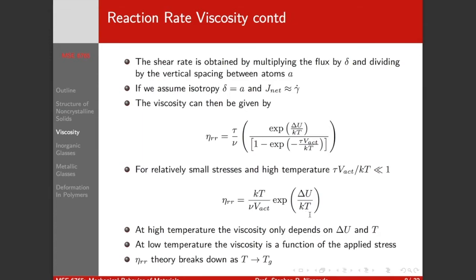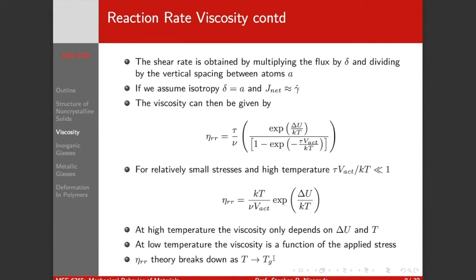Right? As we lower the temperature, the viscosity is an explicit function of the applied stress. And this theory is going to break down as we get close to the glass transition temperature. Right?